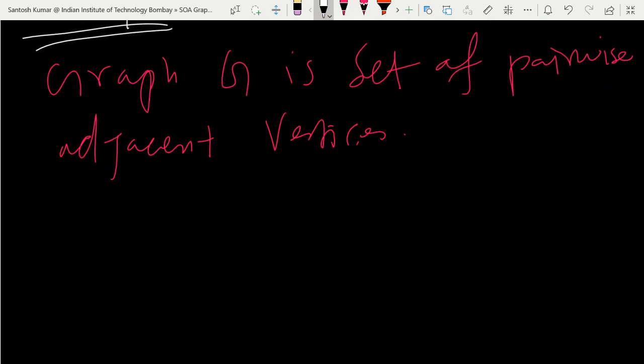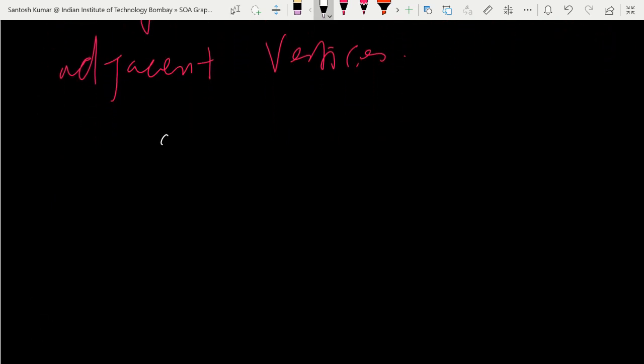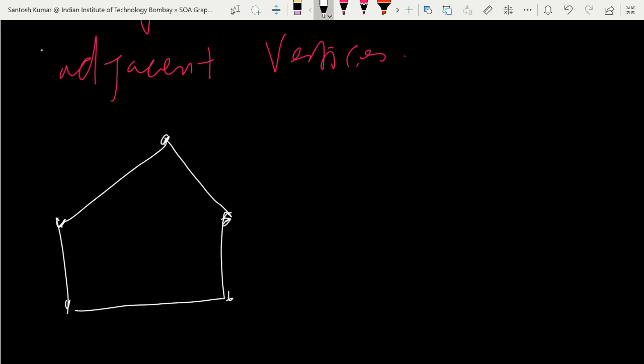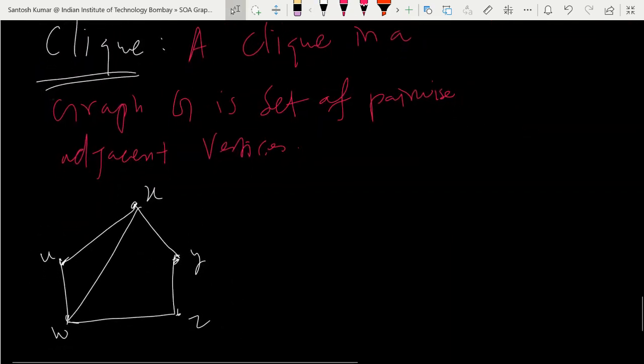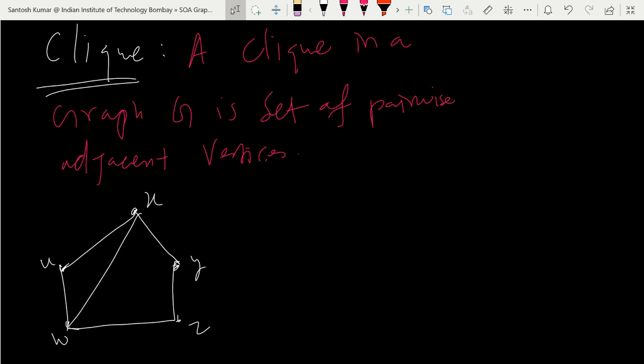Okay, so for example, let me make 1, 2, 3, 4, 5. So join this, this, and let's join this. So X, Y, Z, W, U. Okay, so which set will be a clique for this graph? UXW.